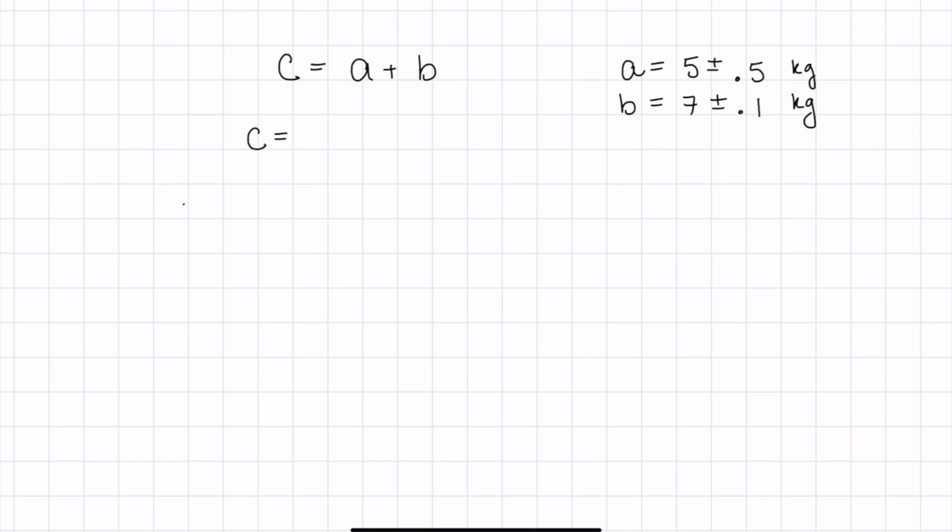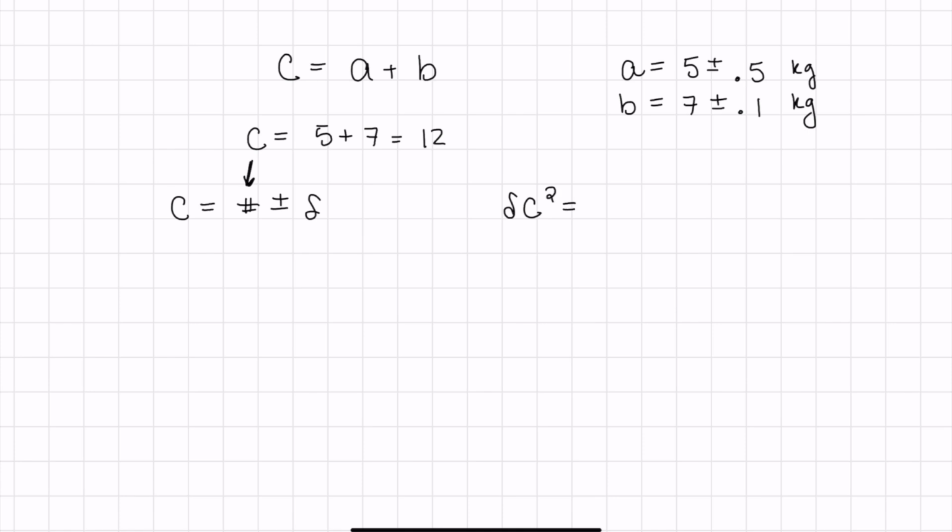In order to get C, again, remember, that's a number plus an uncertainty. In order to get the number, we're just going to add the 5 and the 7 together for the measured quantities of A and B, which will be equal to 12.